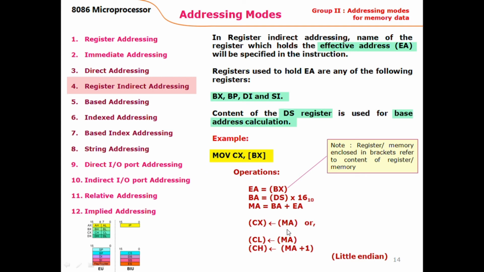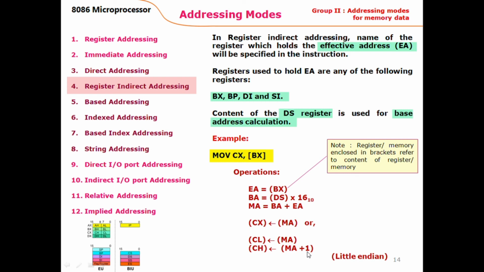So we can write this as: copy the 16-bit content from the memory address calculated here to the CX register. In other words, the 1 byte value at this memory address is copied to the CL register, and then the memory address is automatically incremented by 1.